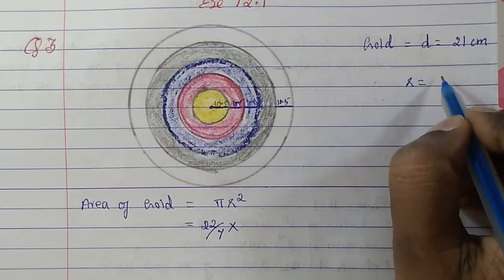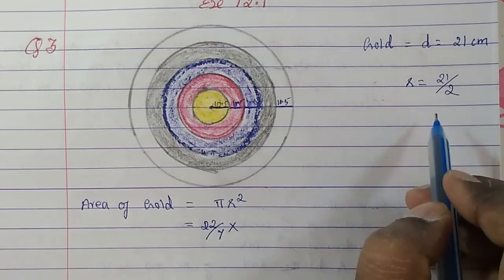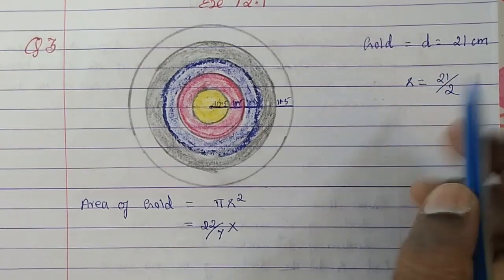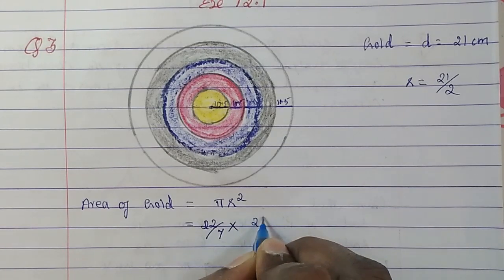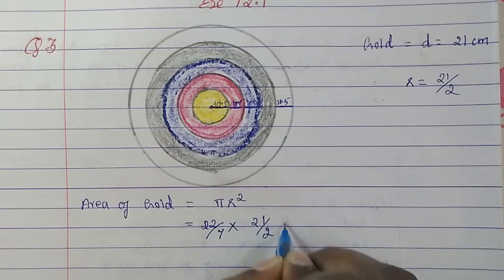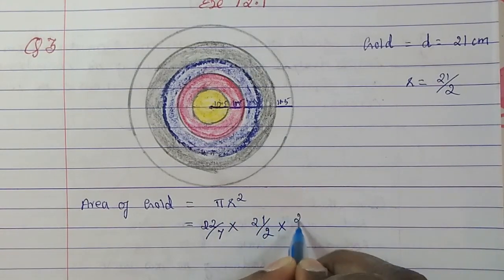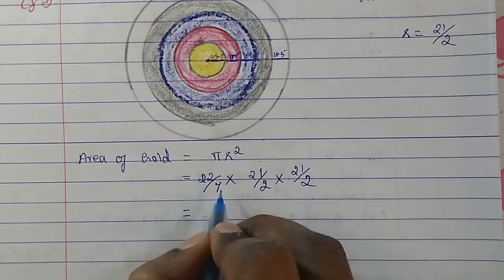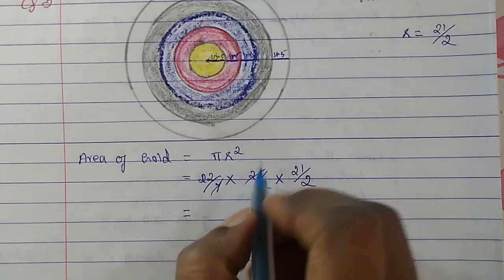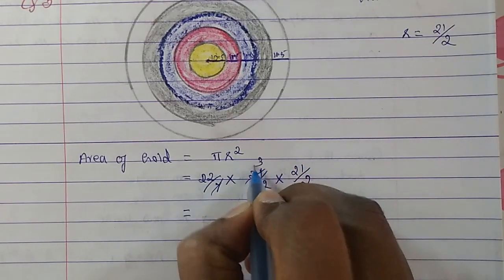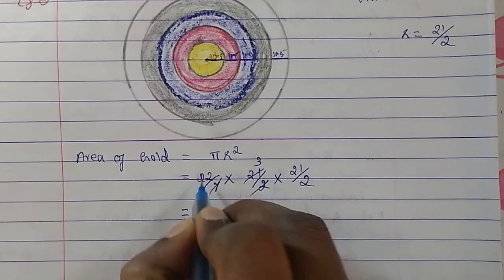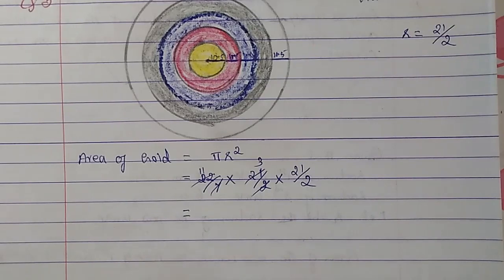So radius will be half of it, right? When we divide by 2, we will get the radius. So we write down 21 upon 2. Since the square is there, so 2 times. Now it is easy for us to calculate. 3 times 7 is 21, and with the 2, we can cancel to get 11 times.